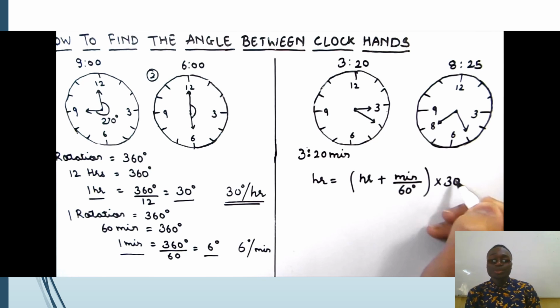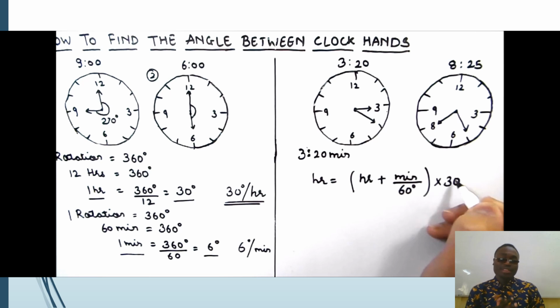And for one rotation, we have 12 hours. So how will we find that for 1 hour? Take 360 and divide by 12. If you divide 360 by 12, you get 30 degrees. So that means that for 1 hour, a clock hand rotates 30 degrees.